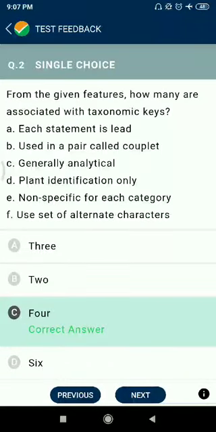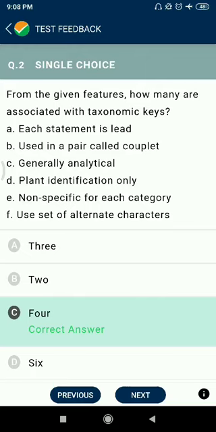Question number 2. How many features are associated with the taxonomic key? Each statement is a lead. Used in a pair, called a couplet — this is correct. Generally analytical.